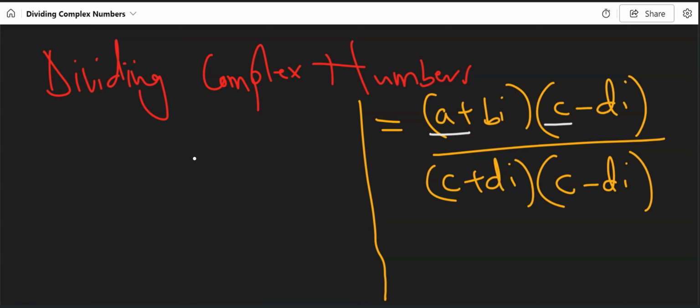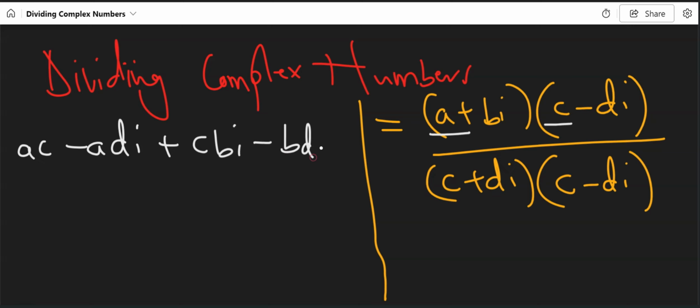This is c, so ac, then a times negative di, that is minus adi, then plus cbi, then minus bi times di. So this is b d i squared.